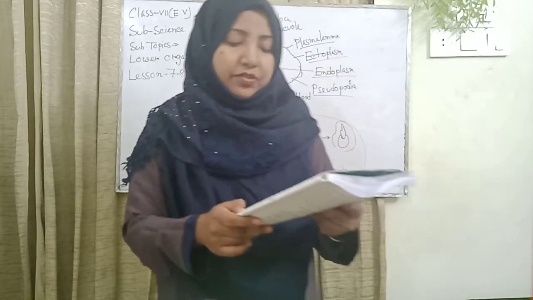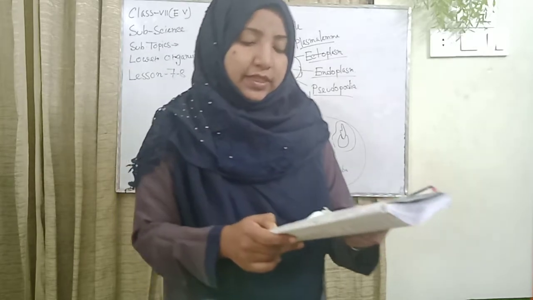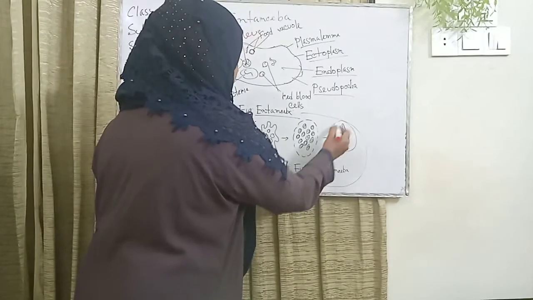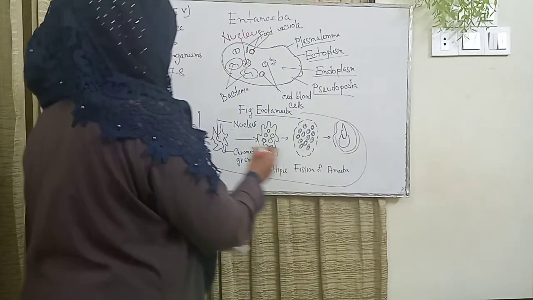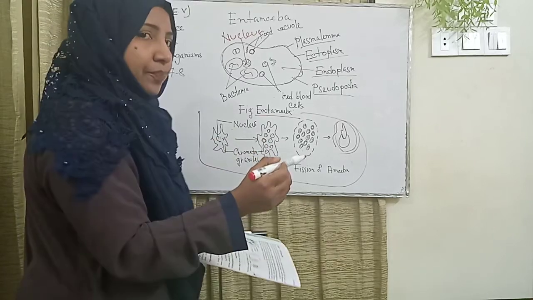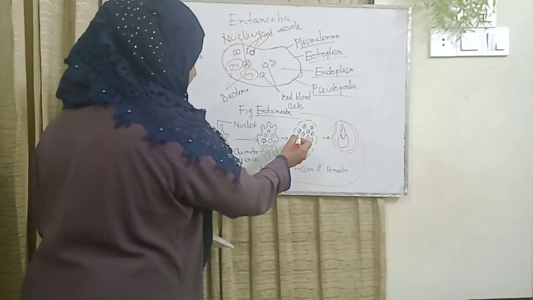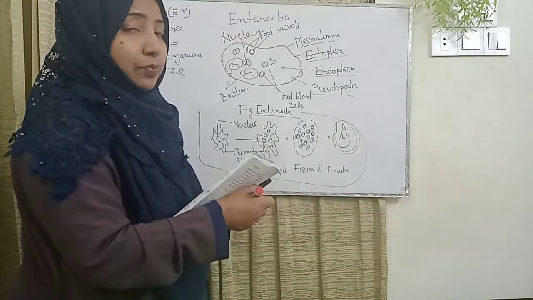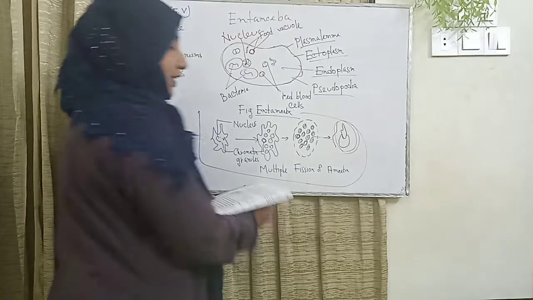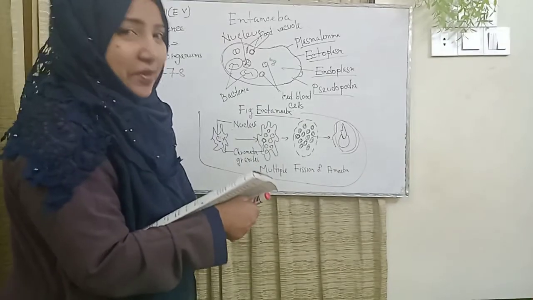In favorable conditions, each spore grows into a new entamoeba, and this structure is the new entamoeba. They also divide. First is the nucleus, and this nucleus grows, and at the last stage they also produce the cyst. Here's the cyst, and the last structure is the daughter entamoeba.